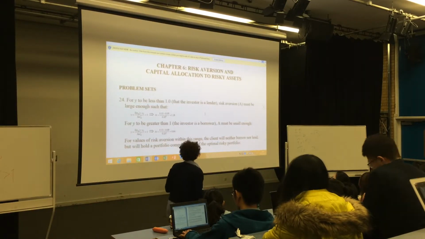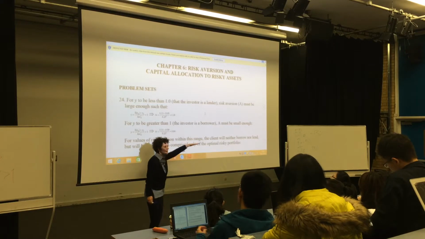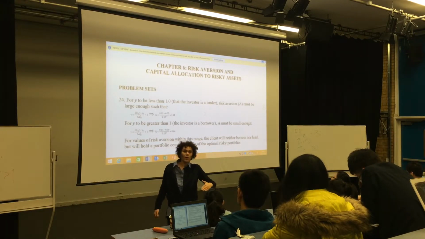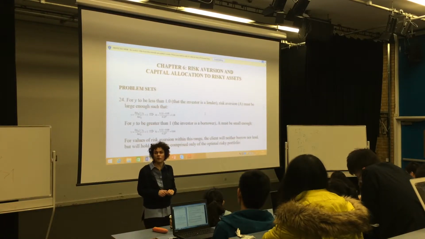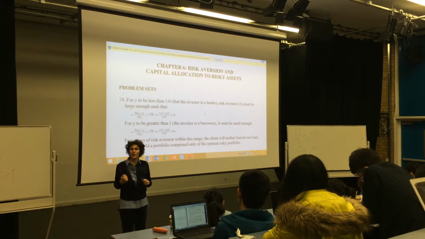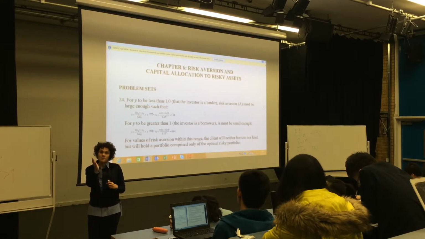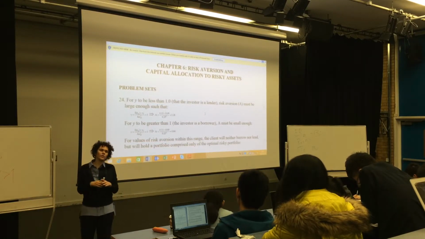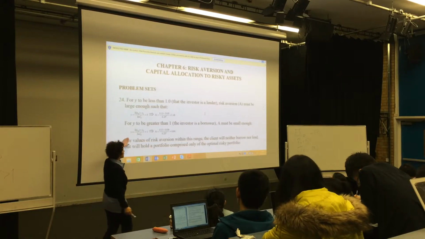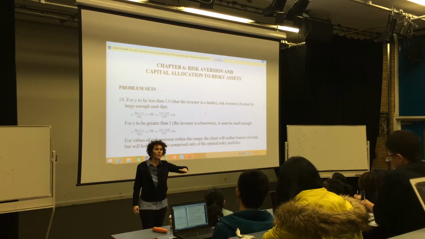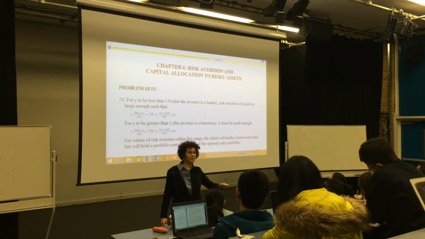If you think about borrowing, when I borrow the money, I reduce my Sharpe ratio. This means the slope of the risk-adjusted return for my investment is lower, so eventually my coefficient is going to be lower. This means less risk aversion.